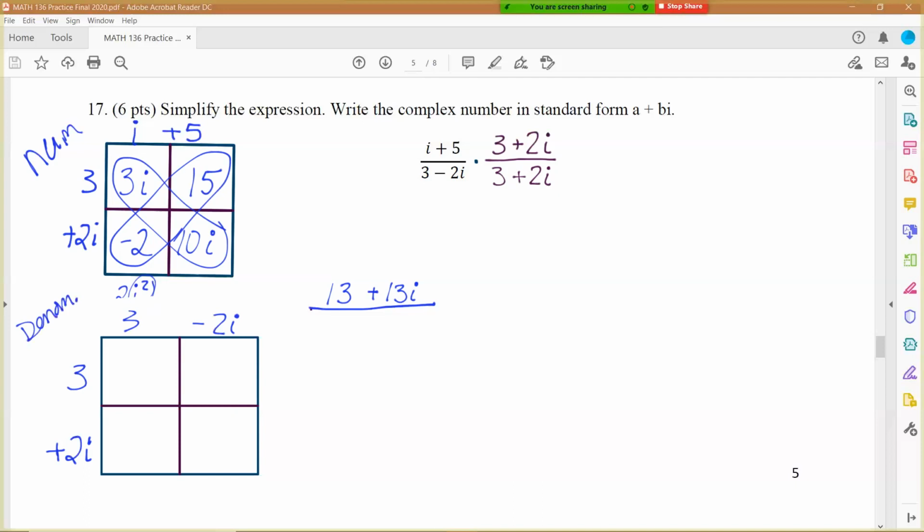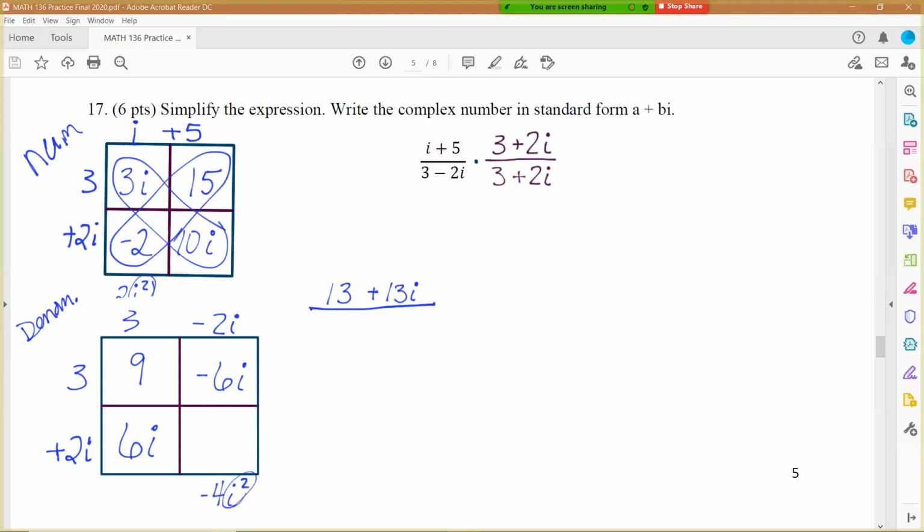When I multiply corresponding parts, 3 times 3 is 9. When I multiply 3 times negative 2i, I get negative 6i. When I multiply 3 times 2i, I get positive 6i. That bottom right box, we have negative 2i times positive 2i, which happens to give you negative 4i squared.